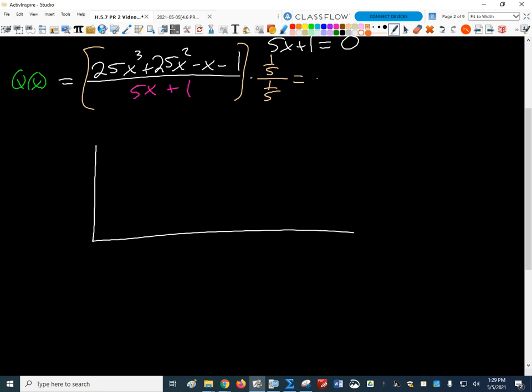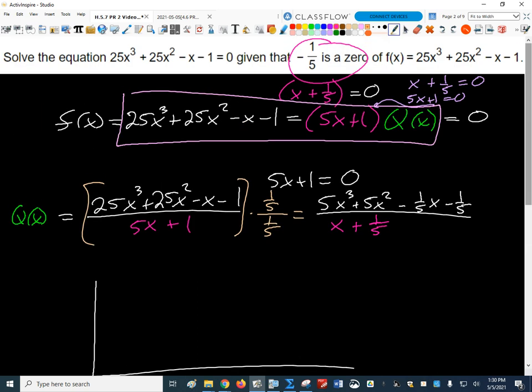On the top, if I distribute the 1/5 through, I get what? 5x cubed plus 5x squared minus 1/5 x minus 1/5. On the bottom, that looks almost more complicated because I've got those fractions there. But look at the bottom. I'm going to get x, which is what I need, plus 1/5, which looks familiar, doesn't it? Because that's actually what we had right there. Okay?